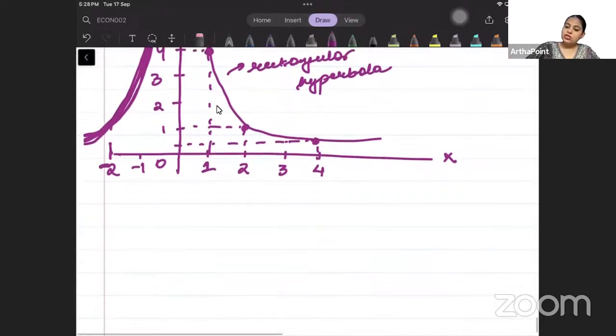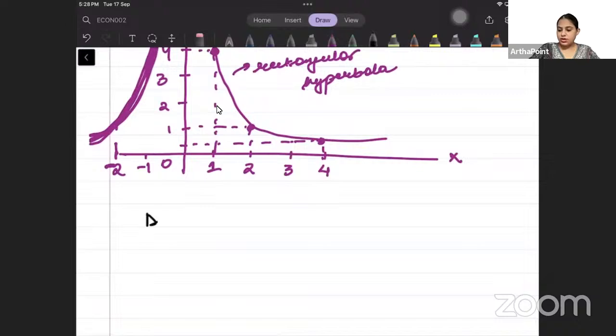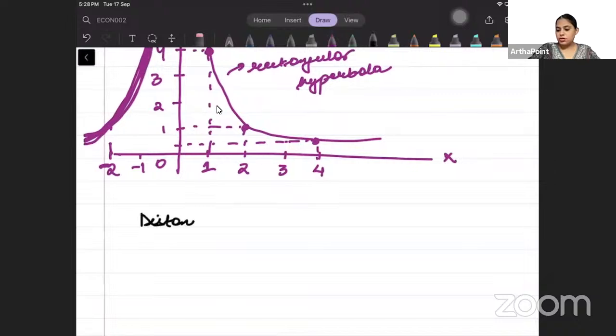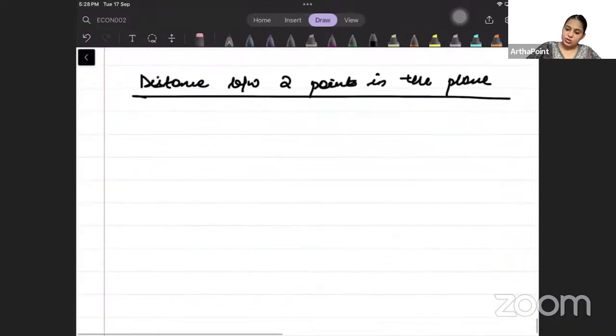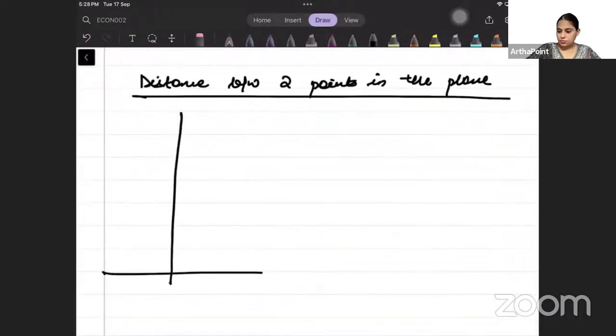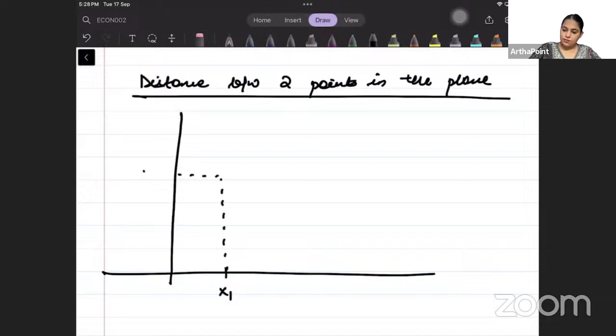Okay. Now let's talk about the equation of distance between 2 points in the plane. Distance between 2 points in plane. So mane supposedly, let's say that there are 2 points. ये एक point है, point x1, y1.